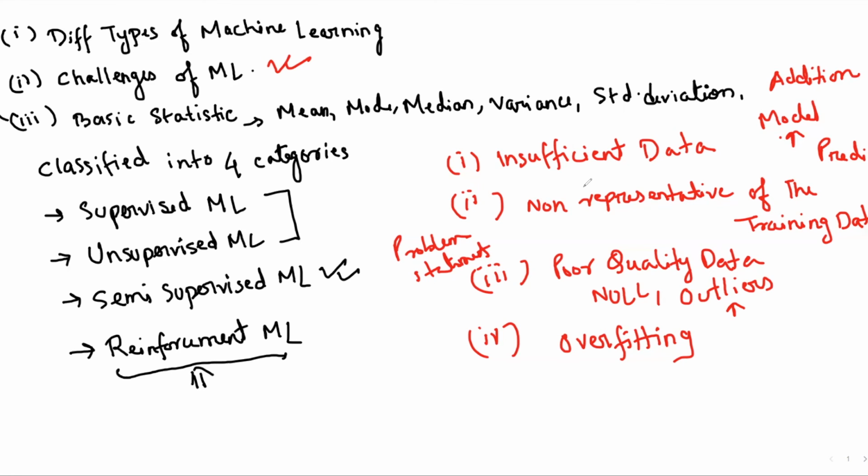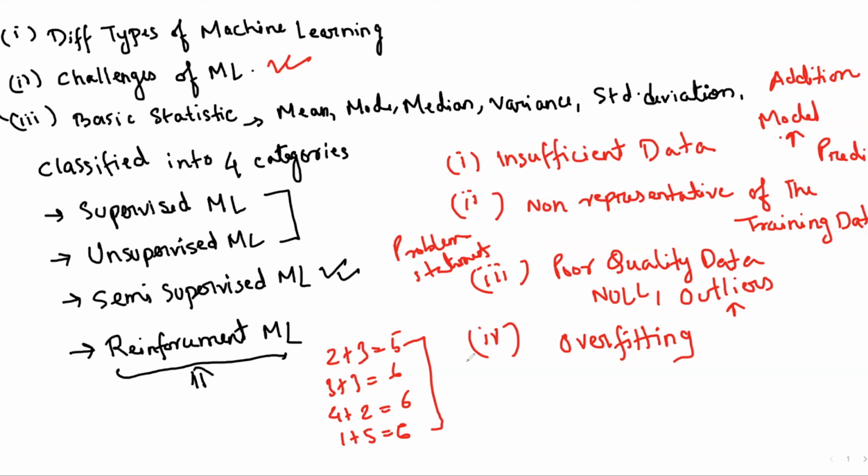Let's say I want to build a model which predicts addition. In training, I used examples like 2 plus 3 is 5, 3 plus 3 is 6, 4 plus 2 is 6, 1 plus 5 is equal to 6. This is what I use in the training data.